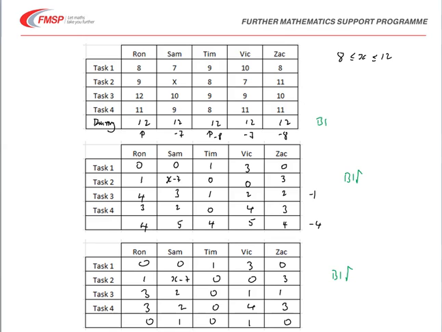Now we want to look at the number of lines that are required to cover this, and we'll see that we can cover the zeros here with a line through the first, the second row and the final row and the third column. That will cover all of the zeros.